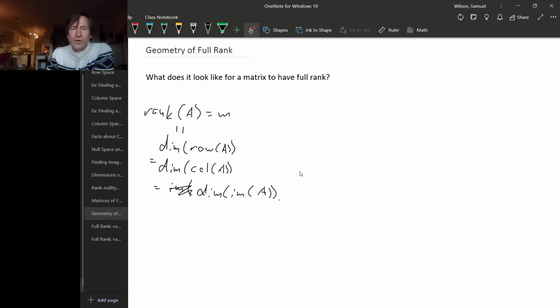Okay, so this matrix A is a linear vector function from Rn to Rm, and in this situation, our matrix has rank m, but that means that it fills up the target space, which sometimes is called the codomain.